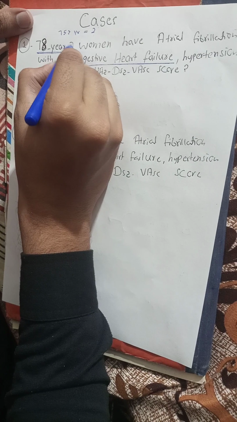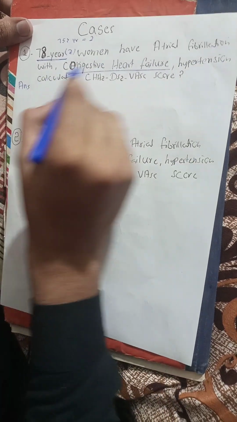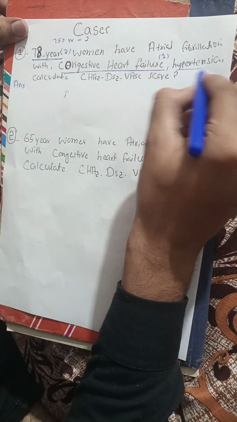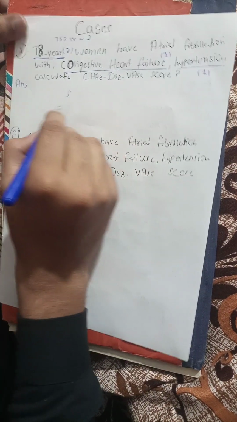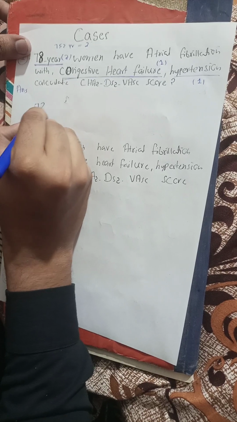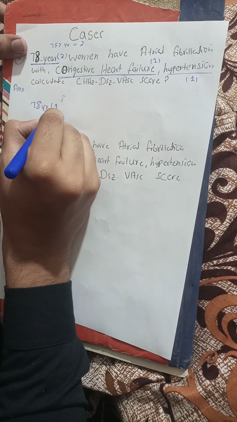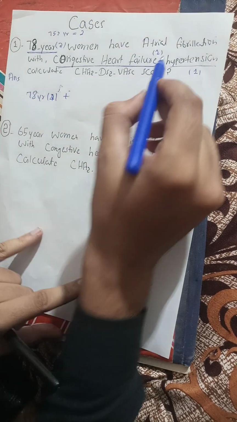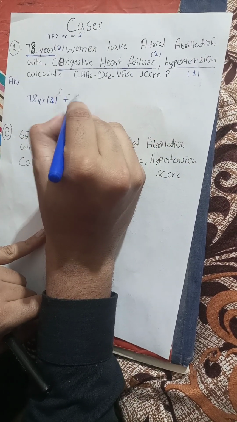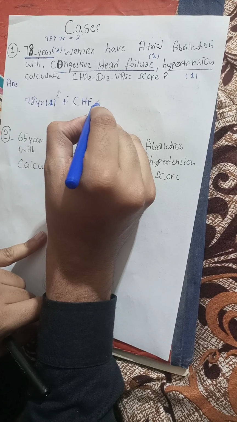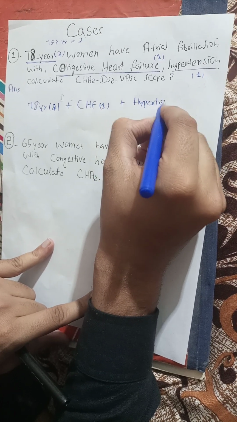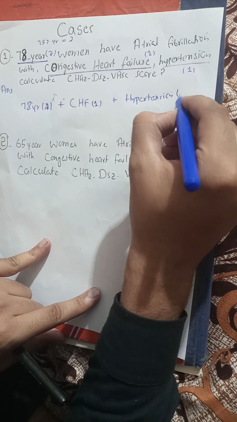The congestive heart failure score is 1, and hypertension score is 1.